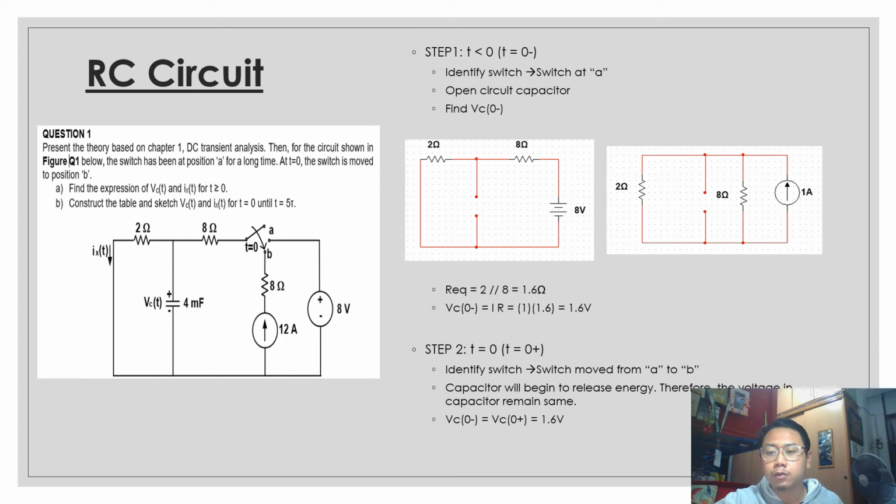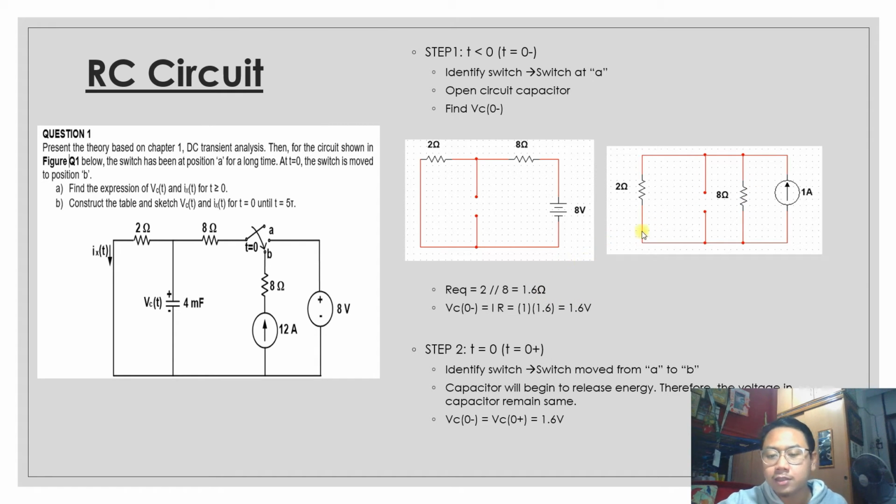So first, we need to find the value of R equivalent before we proceed to find VC0 negative. In this circuit, to find R equivalent at the open circuit capacitor, 2 ohms is parallel with 8 ohms, and the value will become 1.6 ohm.